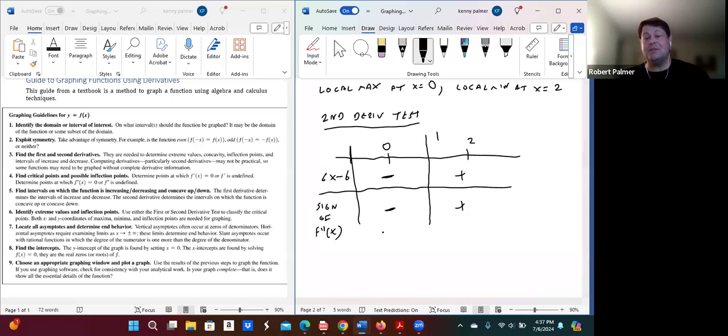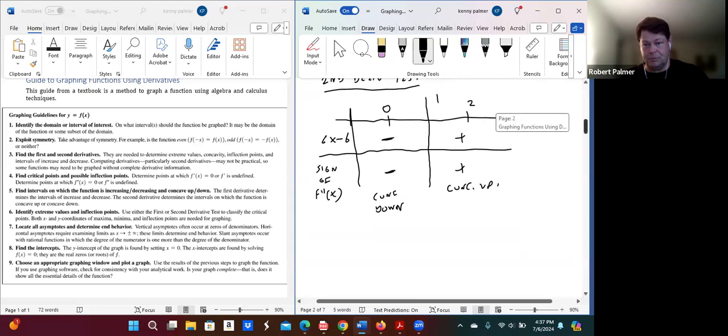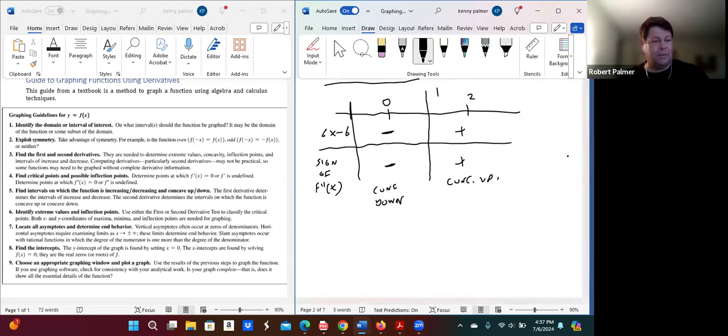Remember, this is concavity. So basically, here it is concave down, or opens down. This is where it's positive, it's concave up. Okay, good.